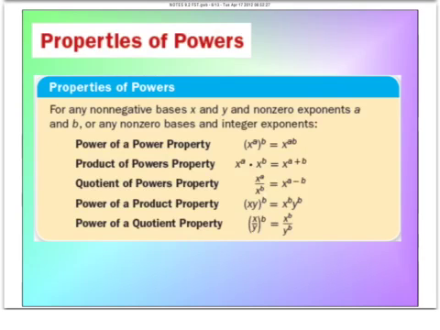The last objective for this section is number 7, evaluate powers by applying the properties of powers. These are the properties of powers that you learned back in Algebra 1 and Algebra 2. We're just going to revisit this right here. When you have two powers that you want to multiply together, you add their exponents.